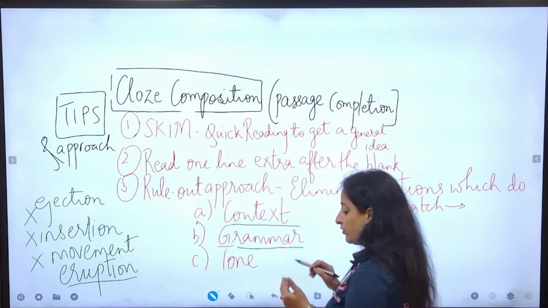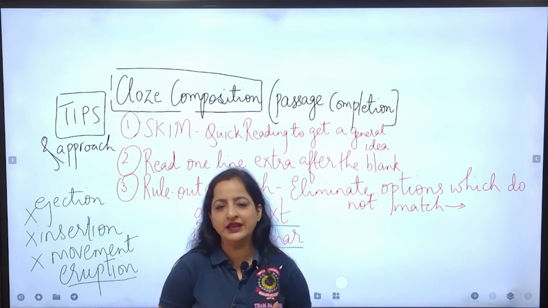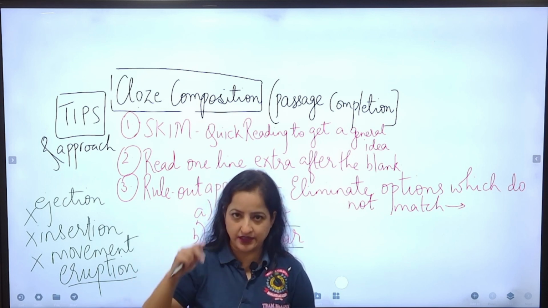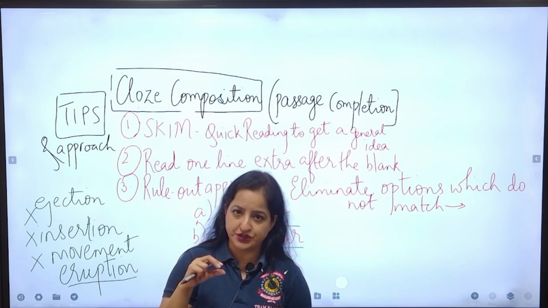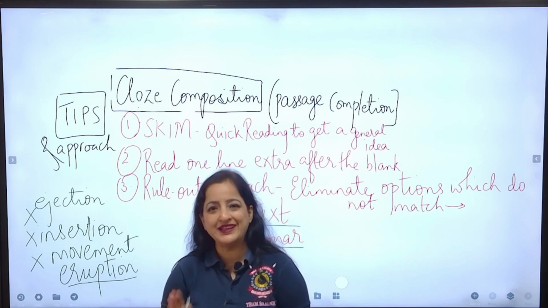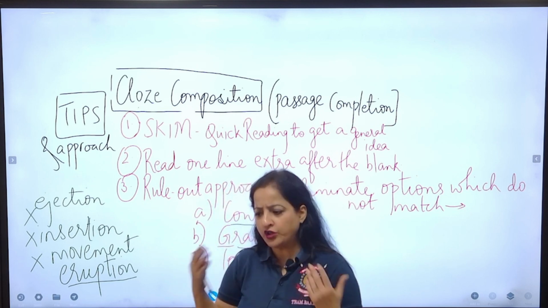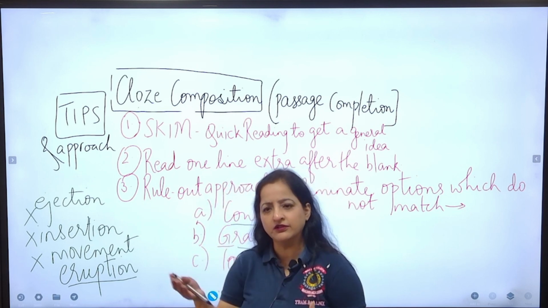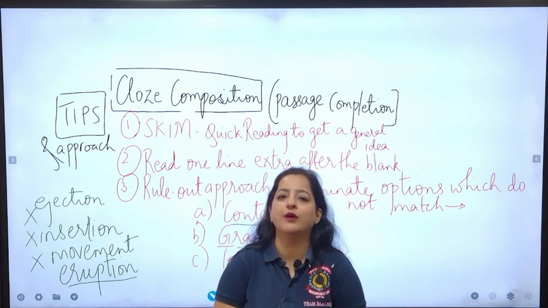Then also rule out options which do not match with the grammar. What I mean is, whichever option you will select, A, B, C, D, the tense of that option should be exactly the same as the tense of that statement. Or not only tense, prepositions should be correct, the adjective should be correct. Whatever grammar we know, we're going to apply it.